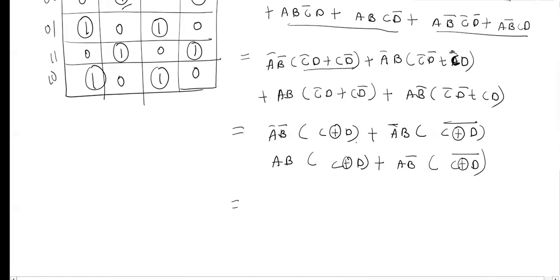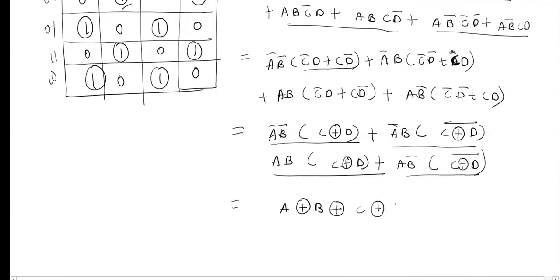So I can rewrite for these two expressions A bar B plus A B bar. Now I can rewrite the expression as A XOR B and A XNOR B. So collectively, the expression is A XOR B XOR C XOR D. And this is the minimized expression of the even parity checker.